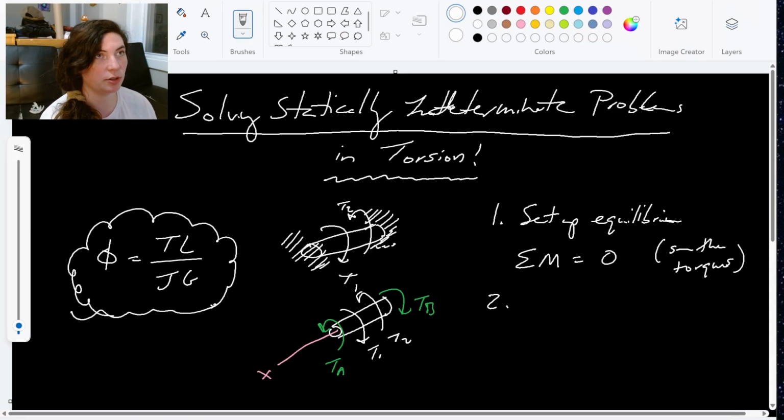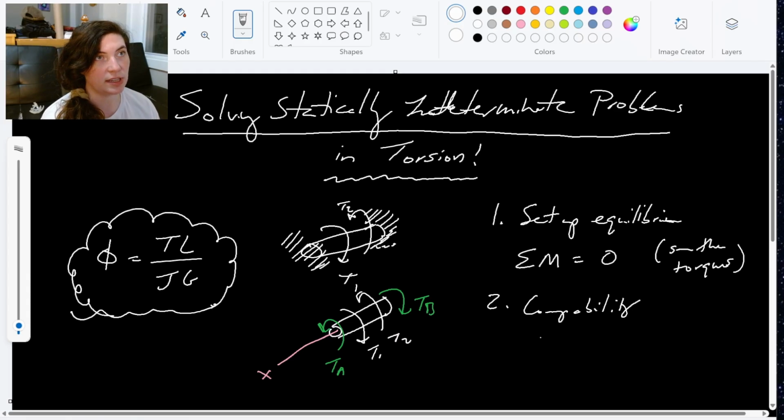And then we're going to create our displacement relationships based on the geometry. So those are compatibility. For this miniature example here, if we're stuck between two walls, it means we know that that shaft can't actually rotate. So our angle of twist for this particular problem would be 0.